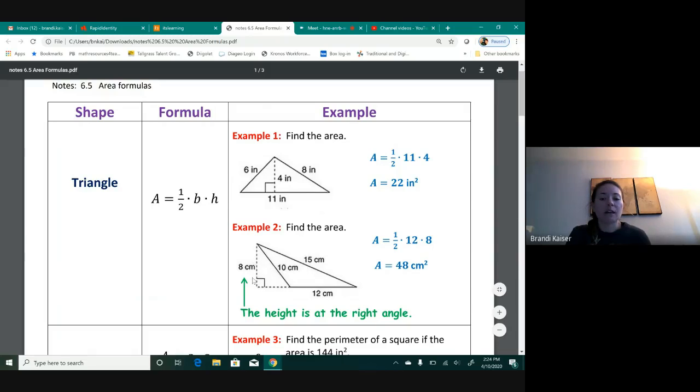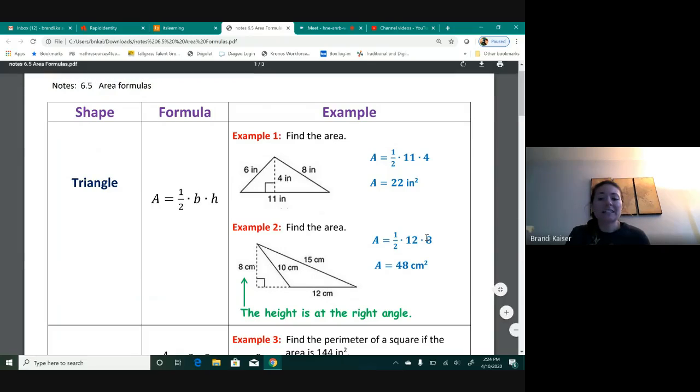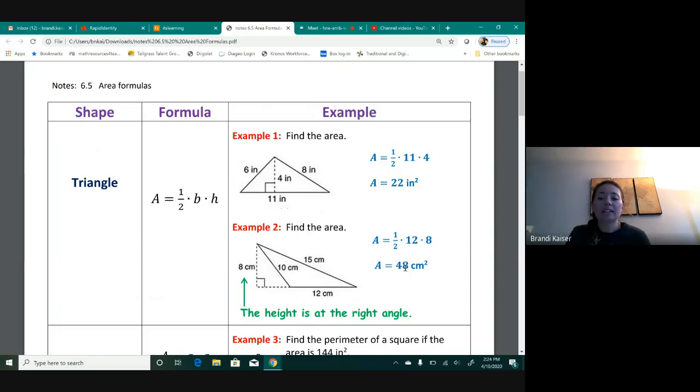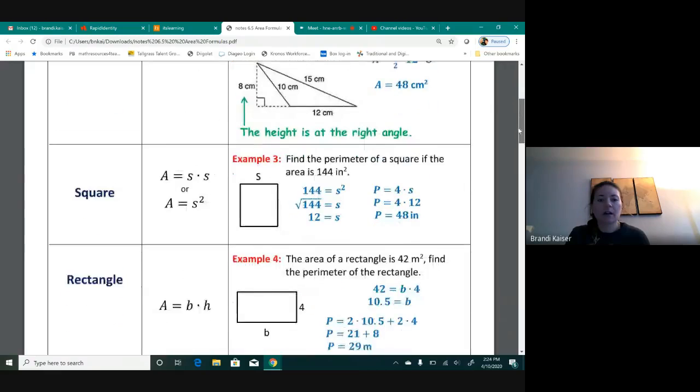So 8 is the height, and then the side that followed the other dotted line is the 12. So the 12 is actually going to be the base. So when we put this in the formula, 12 times 8 gives us 96, and then half of 96 is 48 centimeters squared. Again, notice how the little square is after the centimeters. That's talking about area. So there's a couple of examples there.